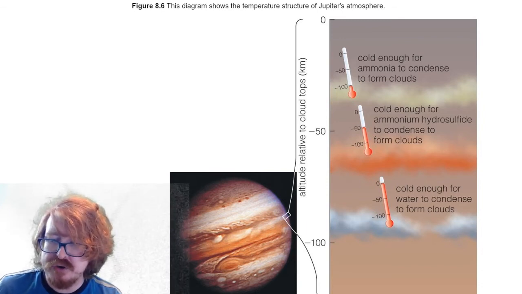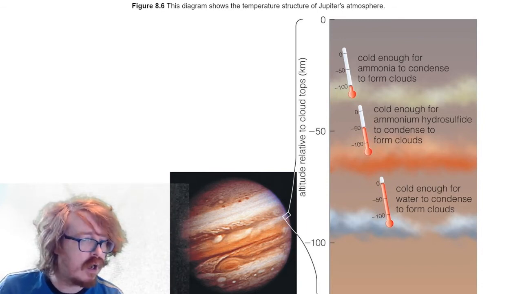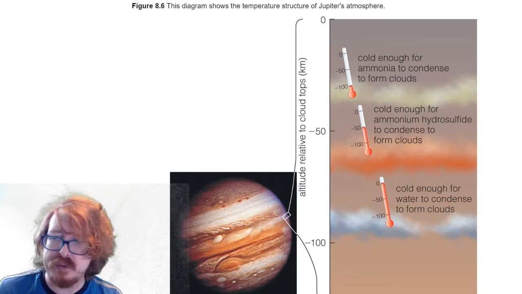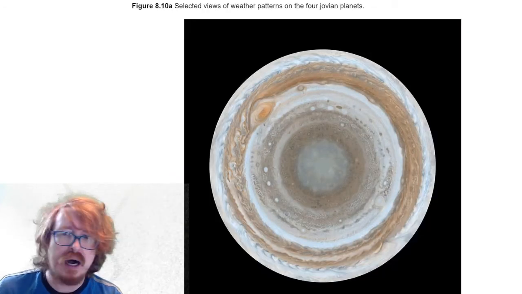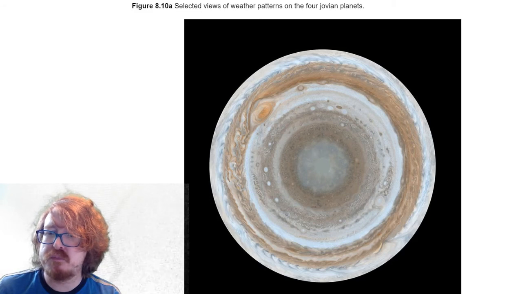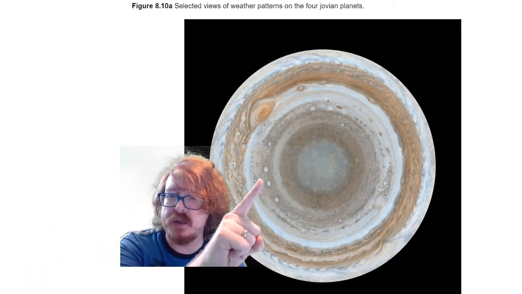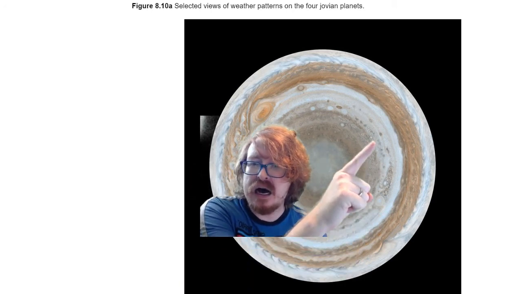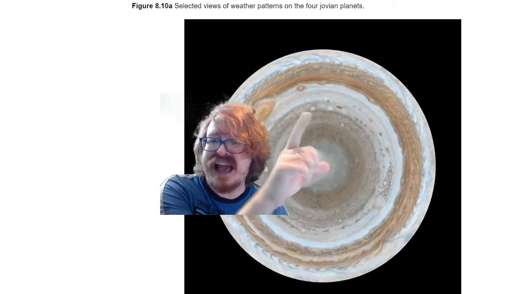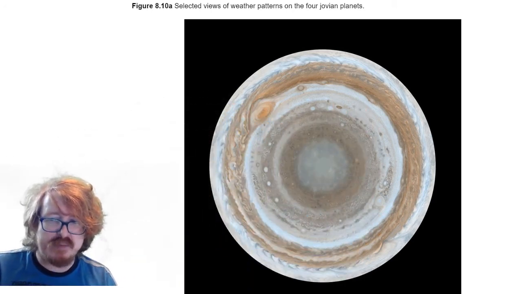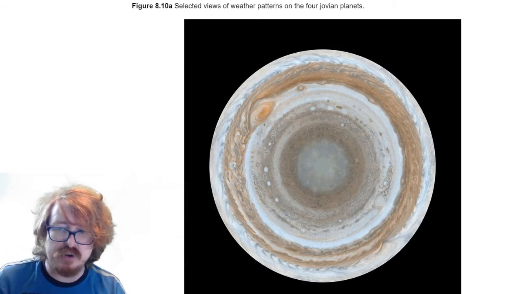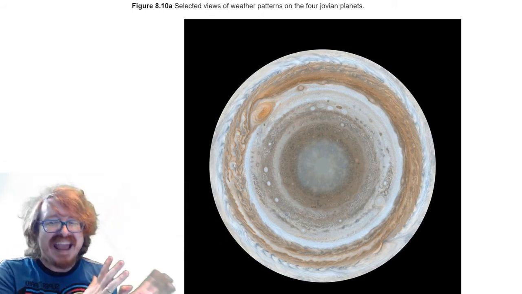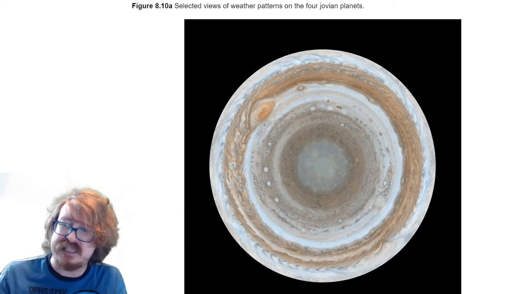Let me show you a picture of one of the poles of Jupiter. I believe it's the South Pole. You can see those spots a little bit better. See, there's a bunch of spots all over Jupiter. And Saturn, if we could see deeper into its atmosphere, has these spots too, but we don't give them a name on Saturn because we can't see them from space.